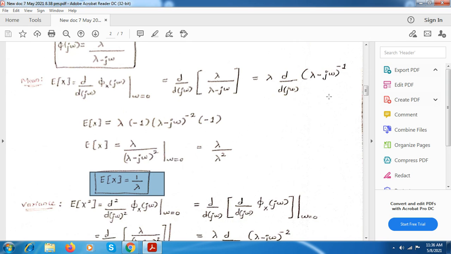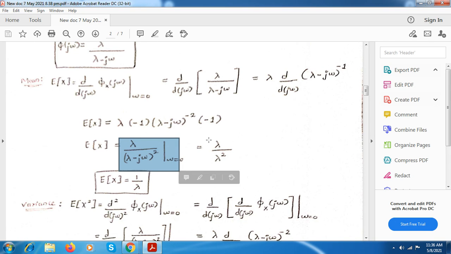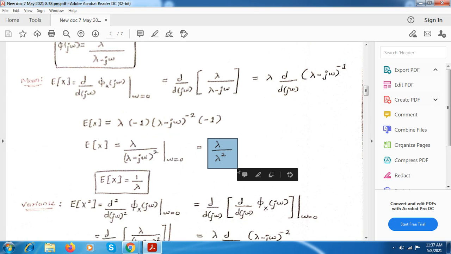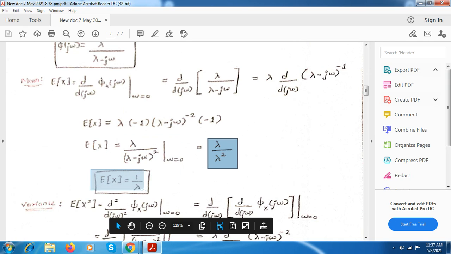Here it is taken in the denominator, so it is written as whole to the power of minus 1. If you differentiate, this is what you get. After putting omega equal to 0, you get lambda divided by lambda square. So the mean value is 1 divided by lambda.